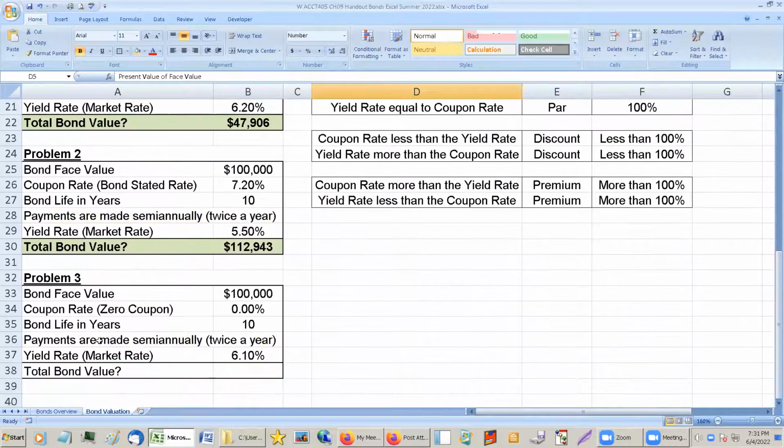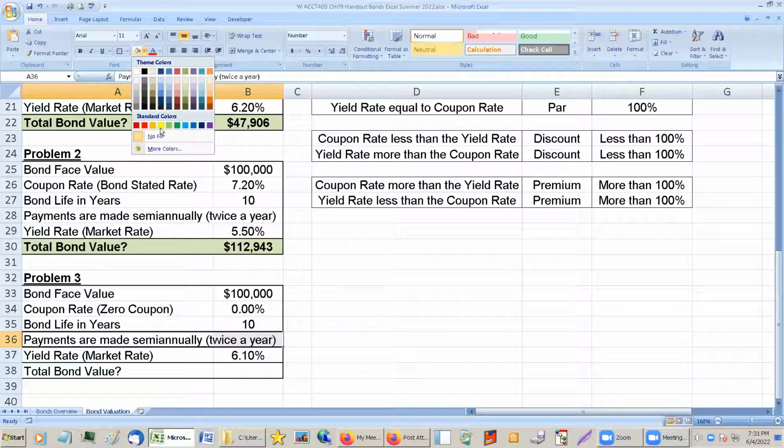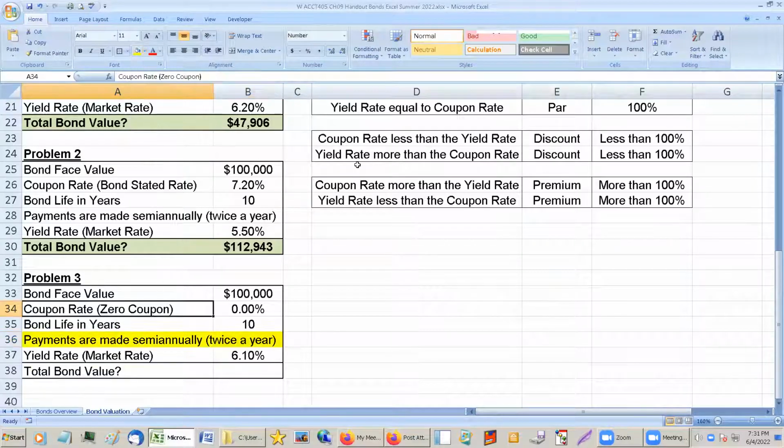Okay, here's one more thing that's a little bit odd about this problem, and I noticed this in the homework. If you think about it, if it's a 0 coupon bond, it's not going to be paid semi-annually. There's not going to be any payments on it. But it matters when you're calculating the interest rate on it, if they are, because 2 payments in a year actually changes the interest rate a little bit.